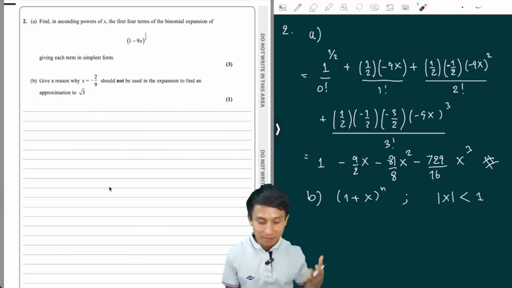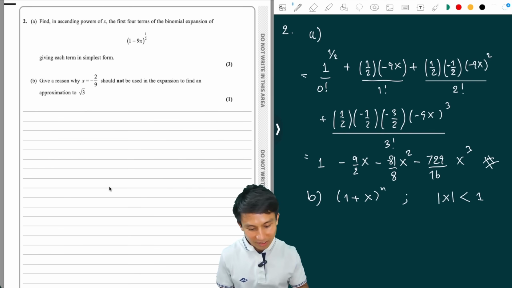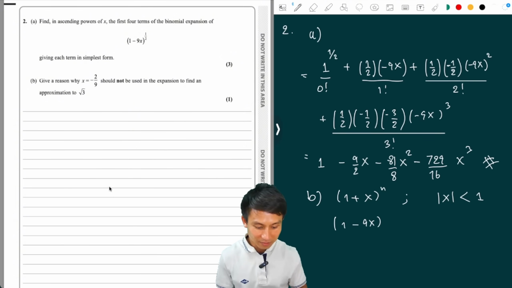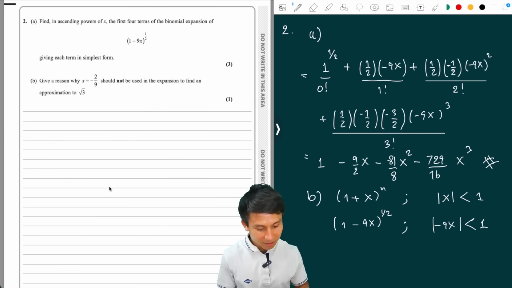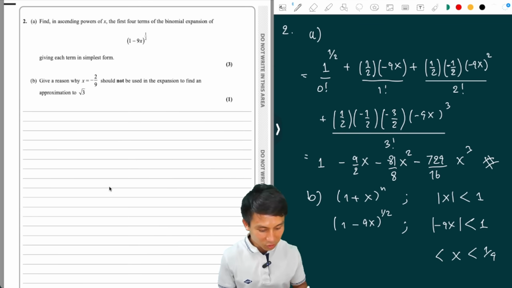We are explaining why minus 2 over 9 should not be used. So let's see. If that is the usual concept, but we actually have 1 minus 9x to the power of half, right? So we should say that, well, okay, the modulus of minus 9x should be less than 1. Well, that is to say, right, that this whole thing, yeah, is less than 1 over 9 if you divide by 9 on either side, and it should be in the range.